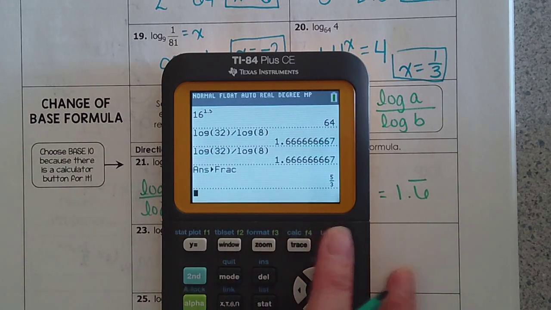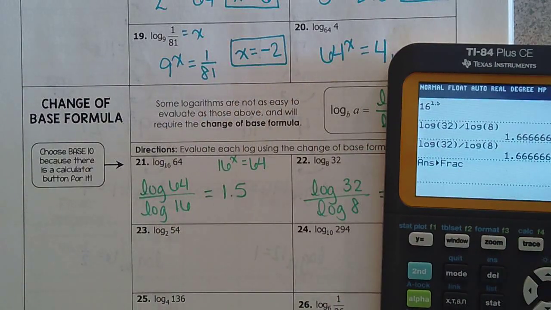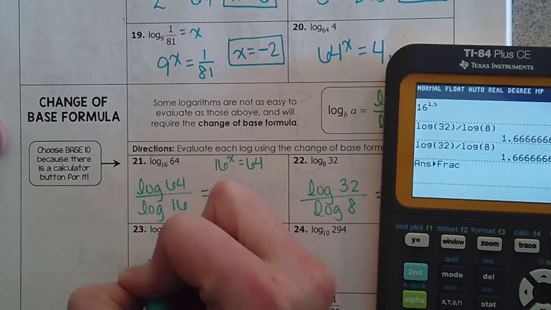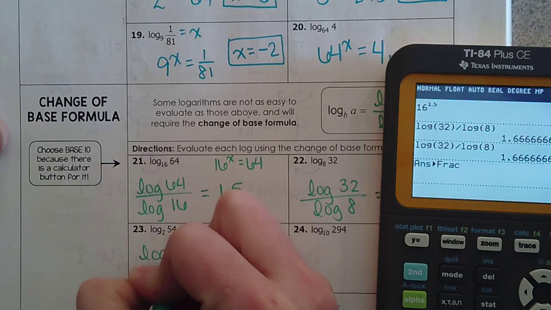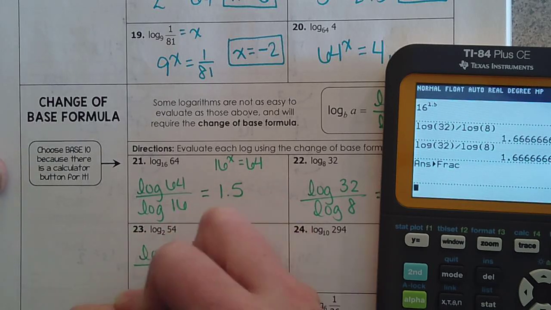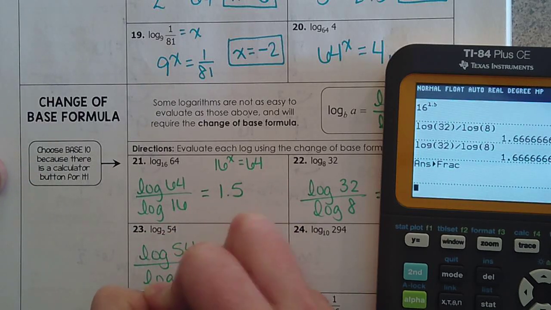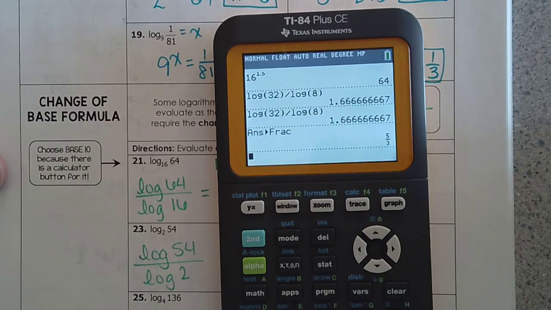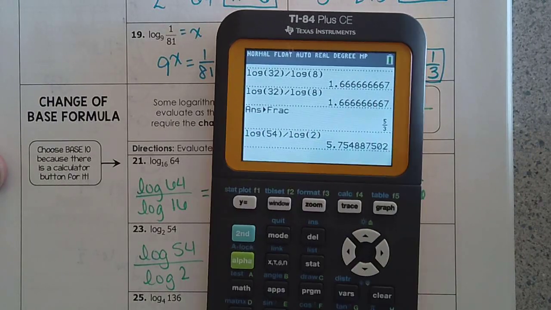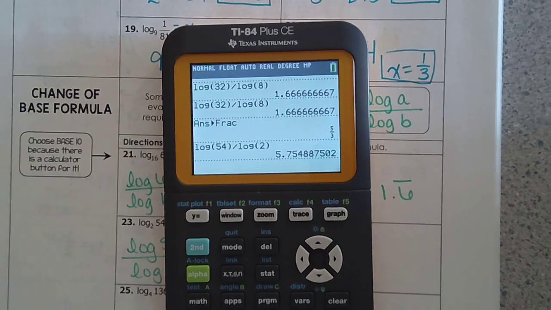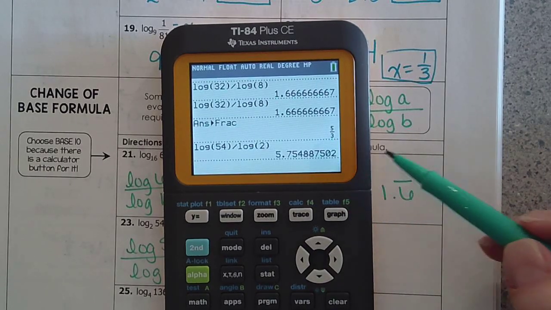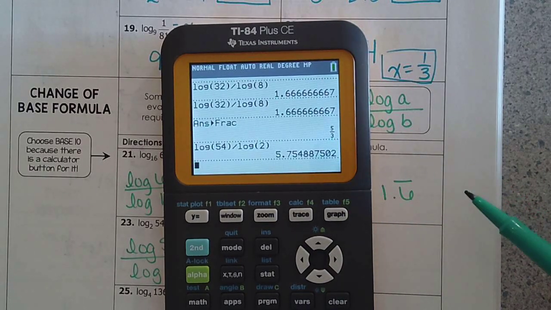Sometimes you're going to get a really ugly irrational number. A lot of these will be irrational. Looking at 23, log of 54 divided by log of 2. When I put that one in my calculator, I get it. So irrational means this decimal goes on forever. It can't be written as a fraction.